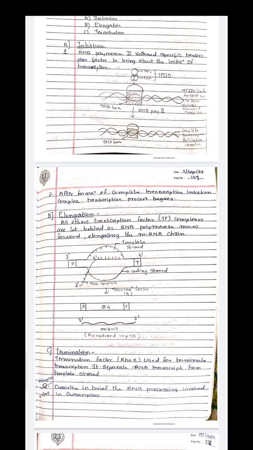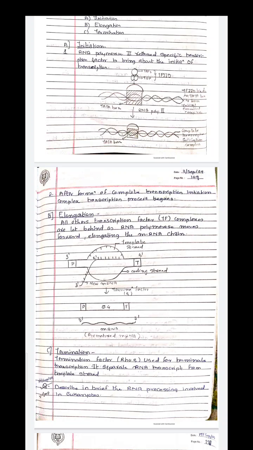Then there is the newly formed mRNA, and after forming the new mRNA there is the addition of the termination factor, that is the Rho terminator factor, and this newly synthesized mRNA will be released from the DNA.